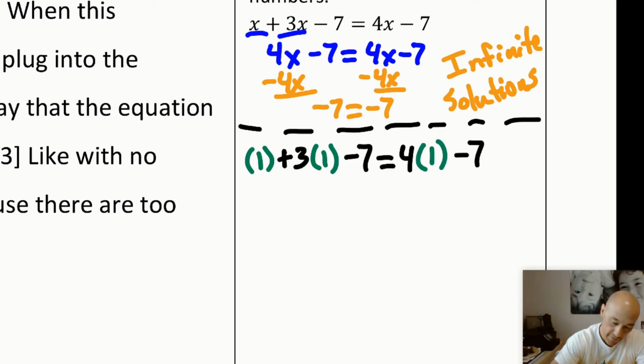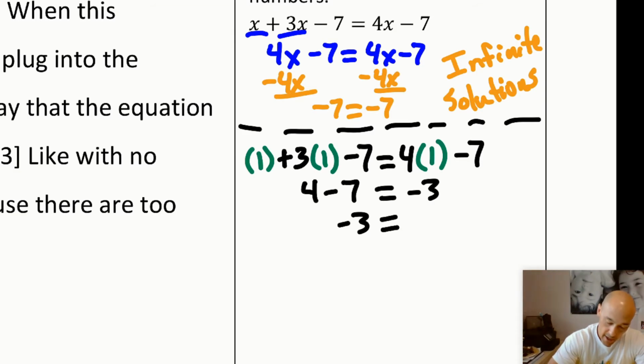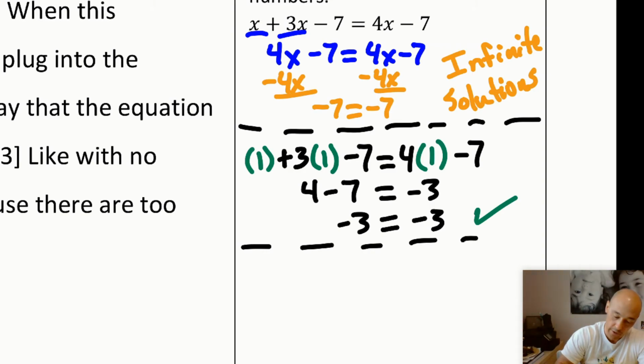On the left, 1 plus 3 is 4, minus 7 is negative 3. And on the right, 4 minus 7 is negative 3. So that checks. 1 is a solution to our equation.